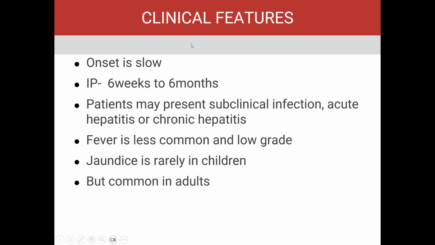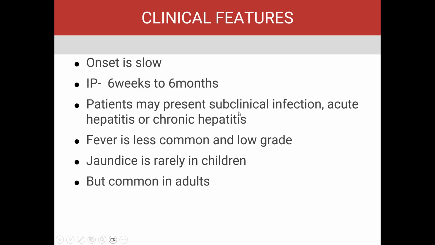Clinical features: the onset is slow, the infection starts very slowly, that is insidious, but it becomes more severe. The incubation period is 6 weeks to 6 months. The patient may present with a subclinical infection, which means there may not be severe symptoms immediately, or otherwise they may show acute hepatitis or chronic hepatitis.